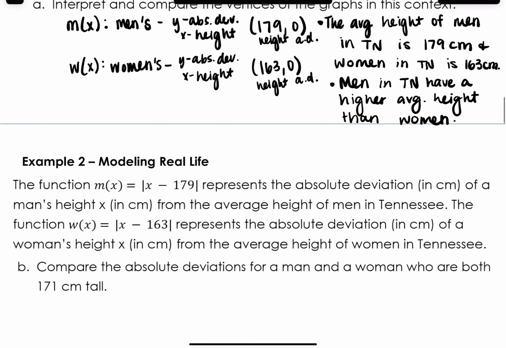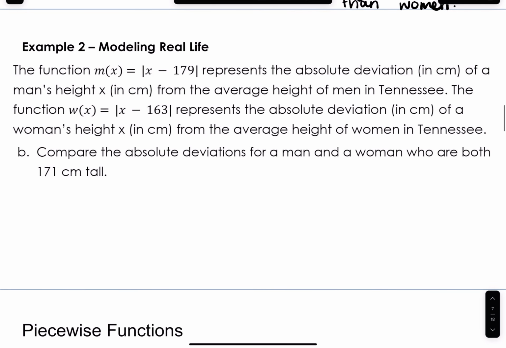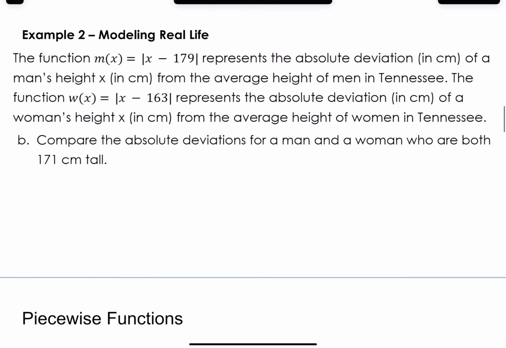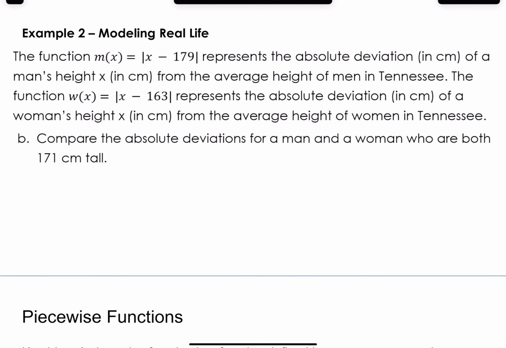All right, part B. Compare the absolute deviations for a man and a woman who are both 171 centimeters tall. So we have to find the absolute deviations. We're given the height, which is our x. We're going to plug that into both equations. So for men, when I plug in 171, that's the absolute value of 171 minus 179.